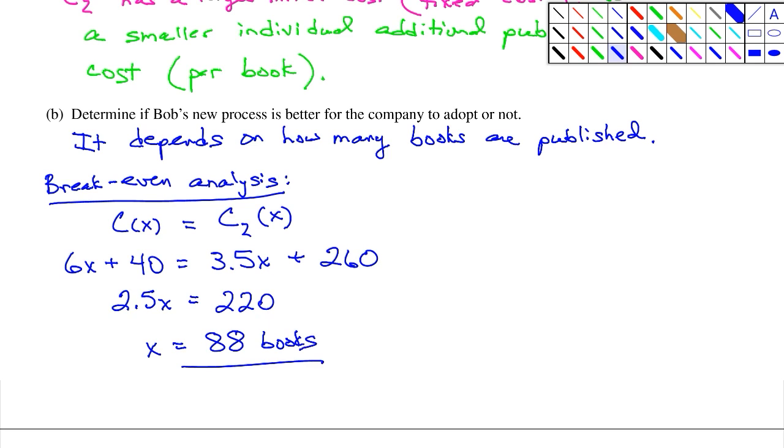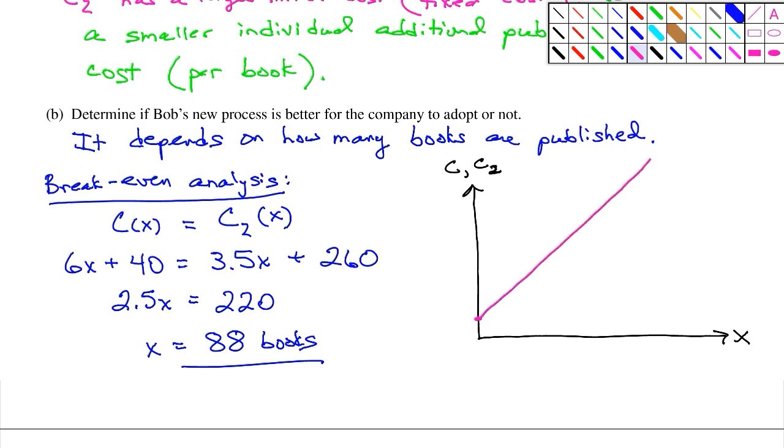Okay, so that's good. We know where it breaks. Now the question would be, which one is better on which side of 88? So let's do a graph. So here's x. Here's C and C2. I'm going to graph C first. C had a y-intercept of 40 and a slope of 6, so pretty steep going that way.